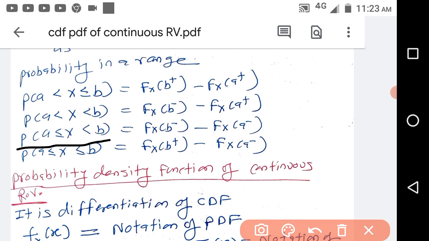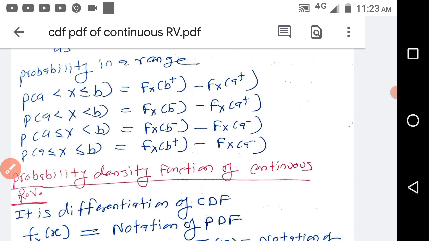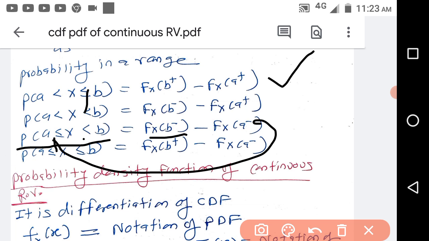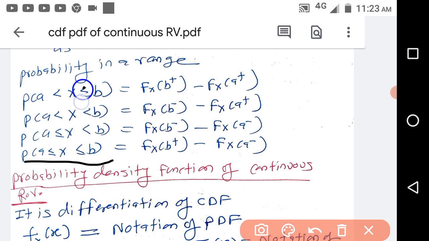Suppose you want to find this one: here equality should be there, but it is not equality, so it is b minus. Taking this equation as the reference, then here inequality should be there, but equality is there, so a minus in this case. Suppose here equality is required, so b plus is used.